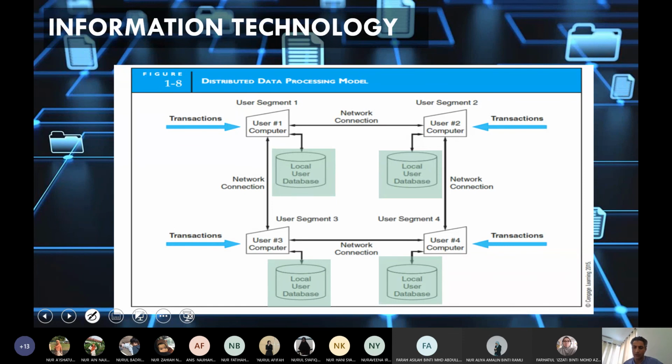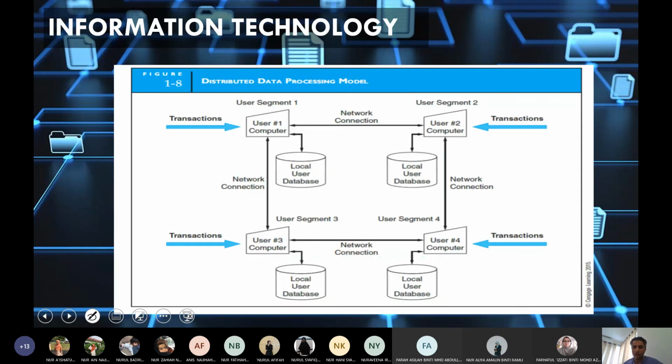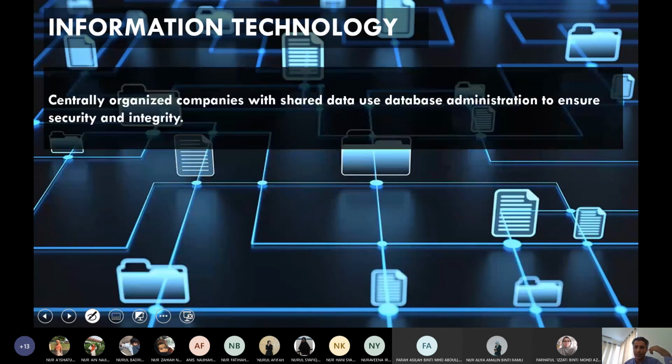Centrally organized companies with a shared database use database administration to ensure the security and integrity of data, which means those companies that use this model normally use software to manage it.